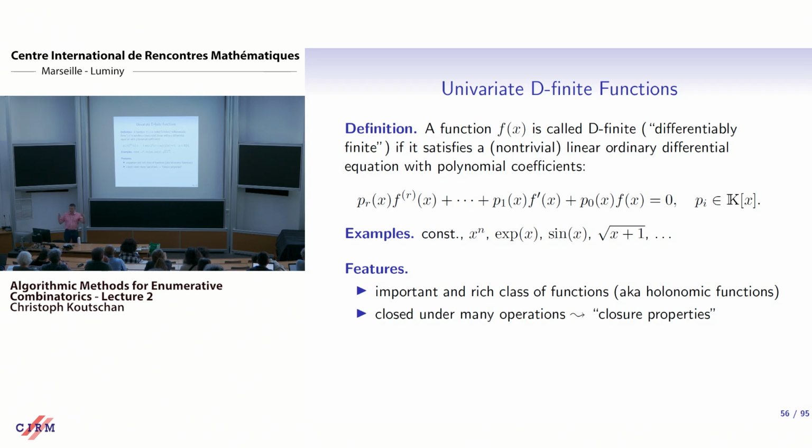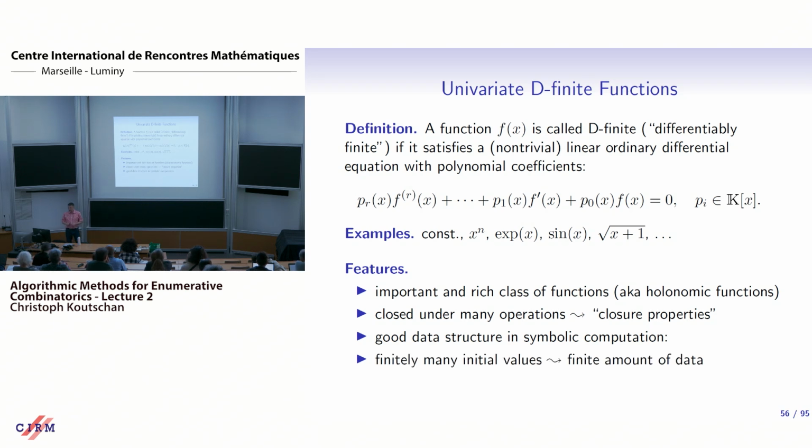They satisfy so-called closure properties, as I will show on one of the next slides. And in symbolic computation, they provide a very nice data structure, because such a differential equation requires only finitely many initial conditions to specify the solution uniquely, and also the equation itself is a finite amount of information. This enables you to store these objects in a computer.